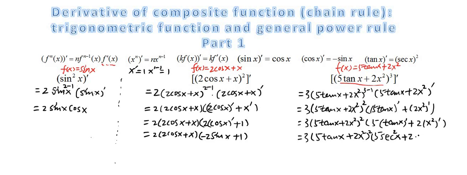That should be 2x to the power 2 minus 1, and the last step, 3 times (5 tangent x plus 2x squared) to the power 2 or squared. We have 5 secant x squared plus 4x.